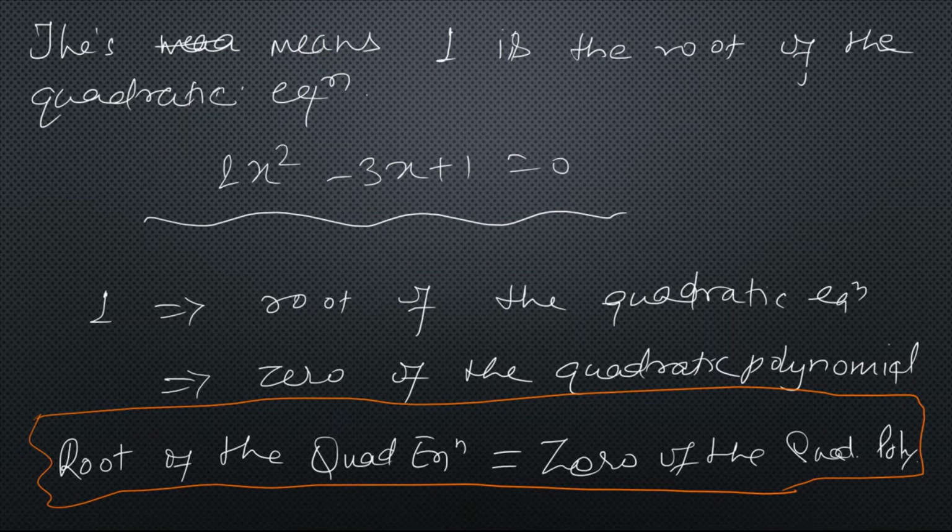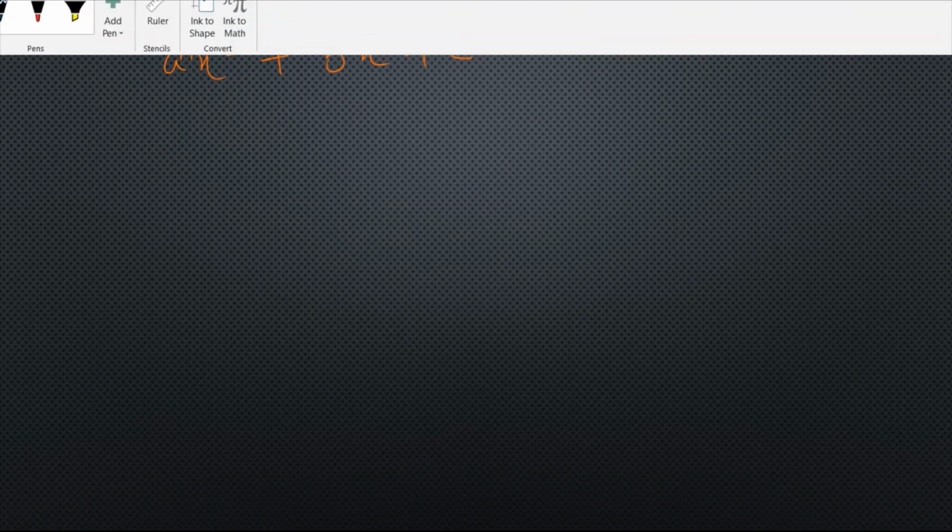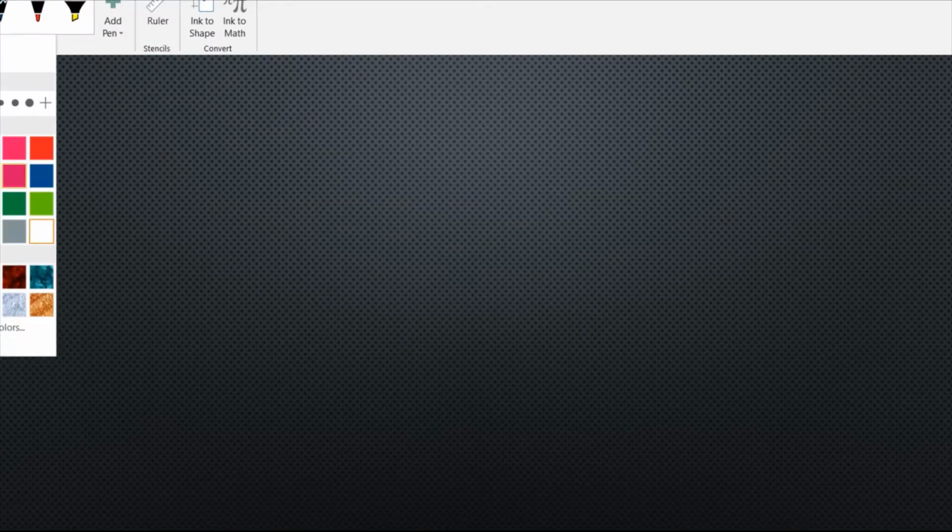So like we discussed, if a quadratic equation ax square plus bx plus c, is it visible, or let's change it back to the white marker. So first I will remove this and then again I will take the white marker. I hope you are comfortable with white because of the board.